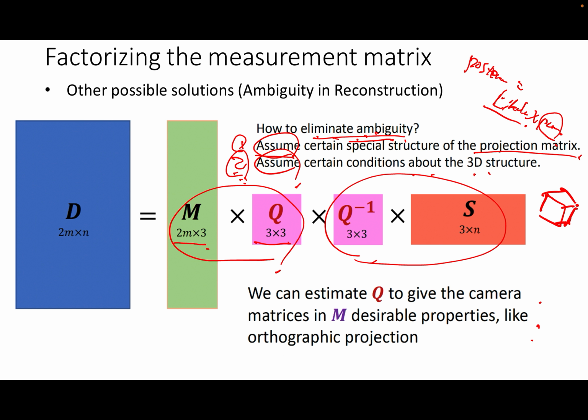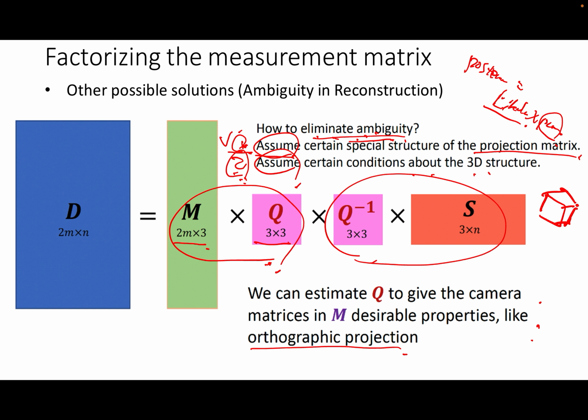One way is using orthographic projection or affine projection for the camera parameters. That is the first way to eliminate ambiguity, assuming something in the projection matrix. That is affine SfM. Based on this SVD, we now know why this kind of ambiguity happens, and affine SfM tries to relieve this ambiguity by assuming an affine projection matrix instead of a perspective projection matrix.